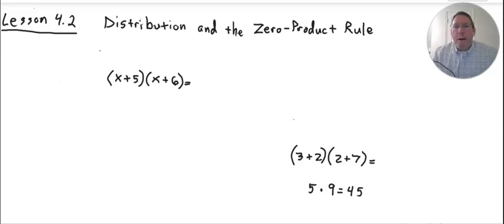But we can actually do this by distributing. Here's what we have to do. Everything over here has to be multiplied by everything over here. The 3 has to be multiplied by the 2, and then it has to be multiplied by the 7. So that's two multiplications. Then this 2 has to be multiplied by this 2 and then by this 7.